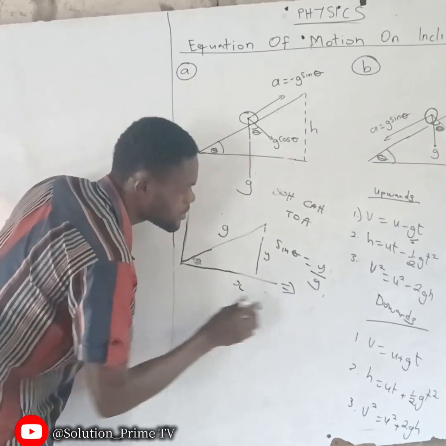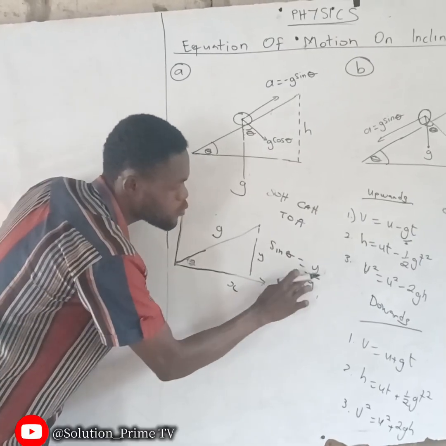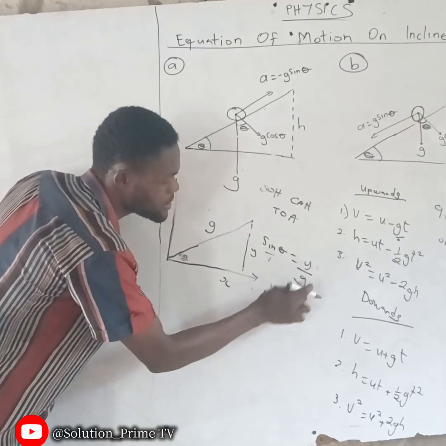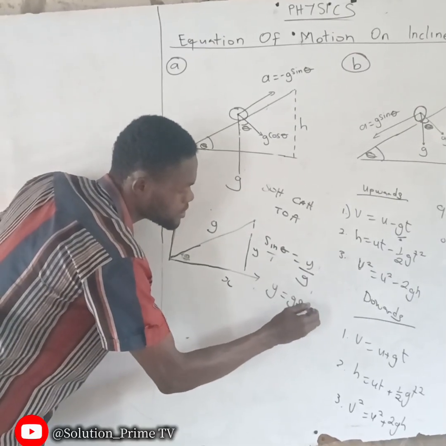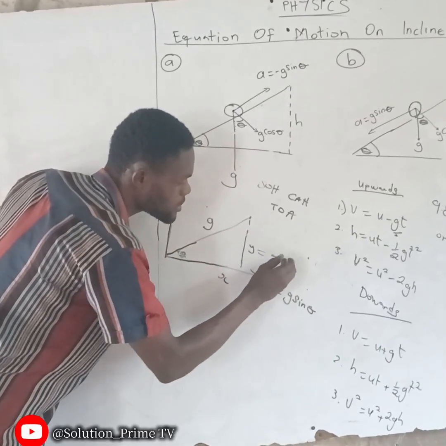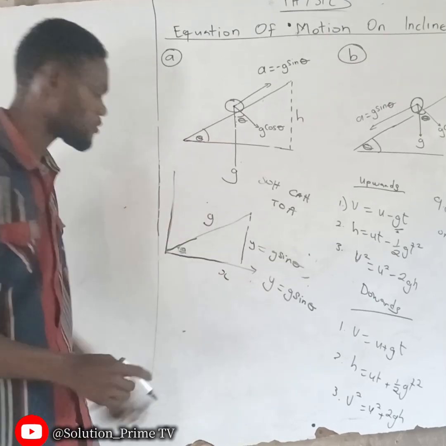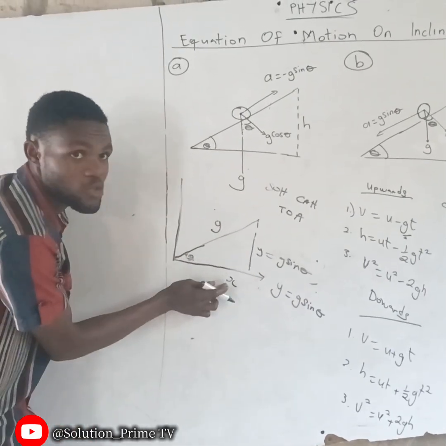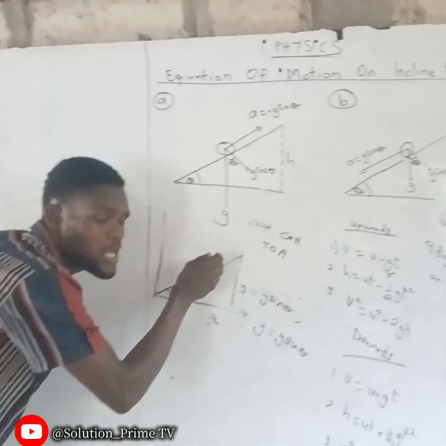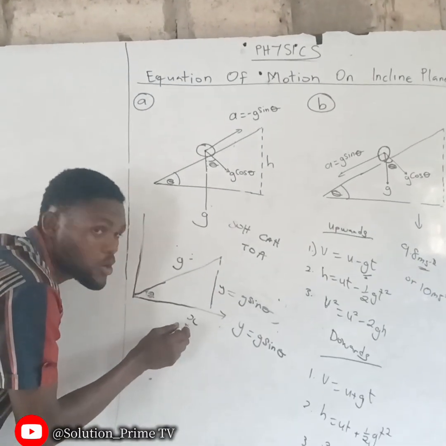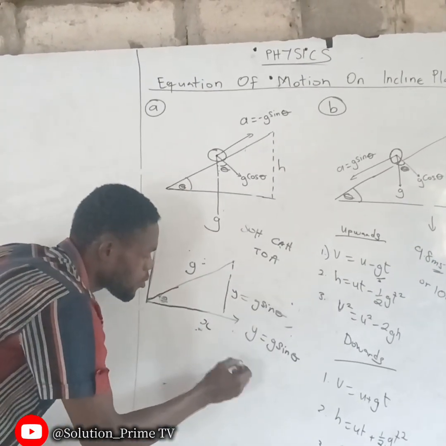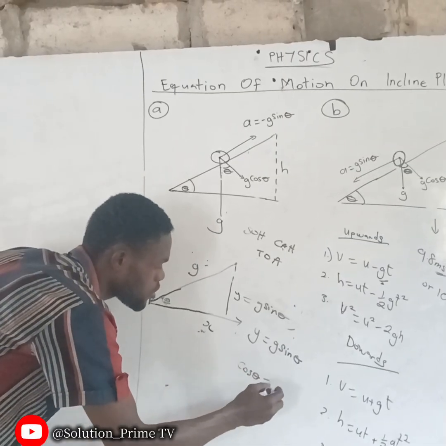One more. If this is that, when you make y the subject, this is over 1. 1 times this y. g times this is equal to g sine what? Theta. So you will see that the y here will be g sine theta, because the angle is involved. And considering this is adjacent to that angle, adjacent with hypotenuse, cos theta is equal to what?